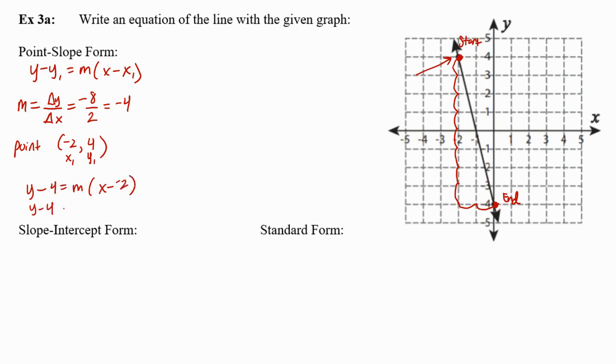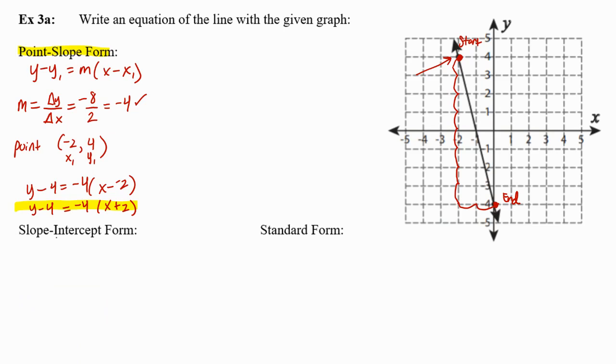Sorry, we never plugged in m, so let's go ahead and do that. M represents slope, which we had calculated to be -4. So that should be -4 right there. And the double negative inside will become positive like we could have done since the beginning. So point slope form is right there.